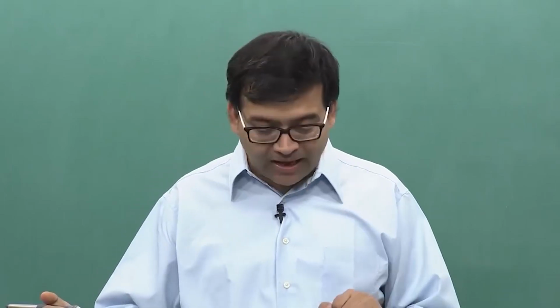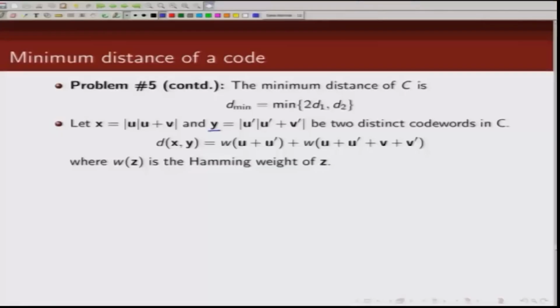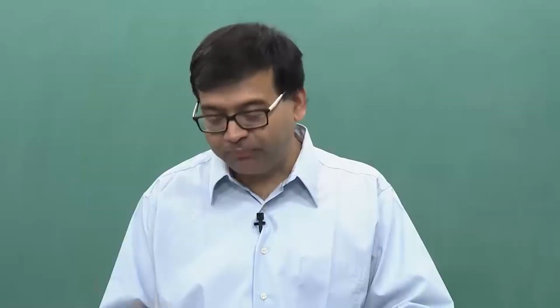We can write the Hamming distance between x and y as the Hamming weight of u plus u prime, plus the Hamming weight of u plus v plus u prime plus v prime.